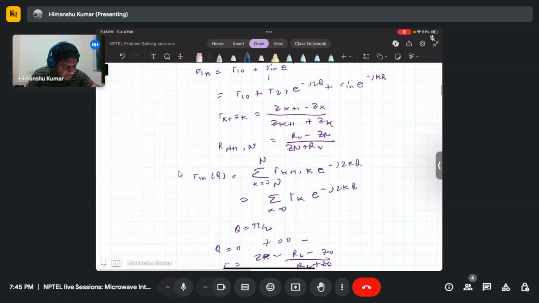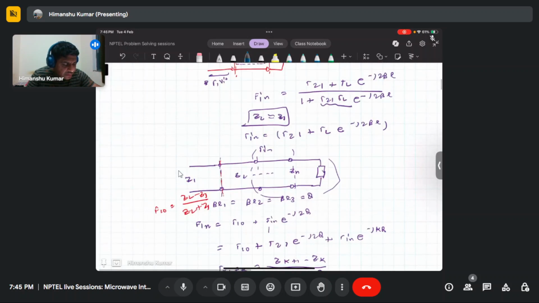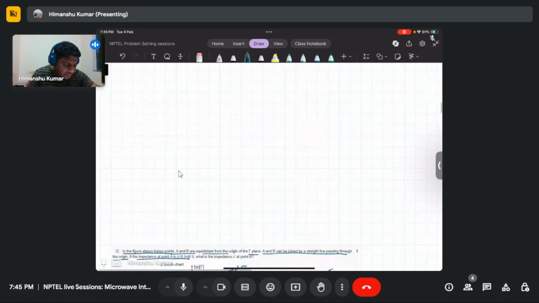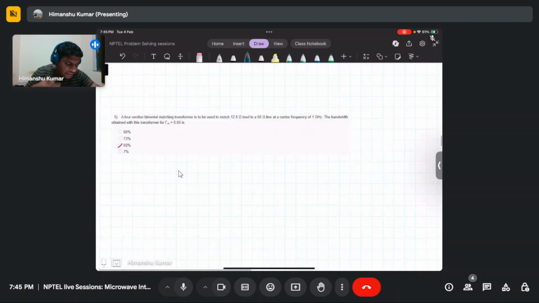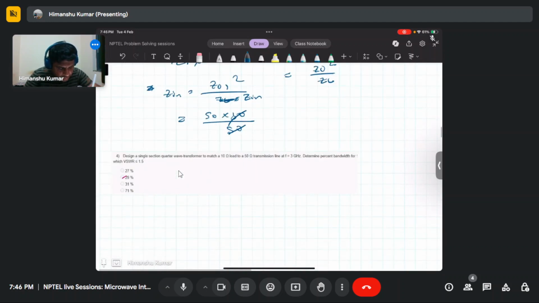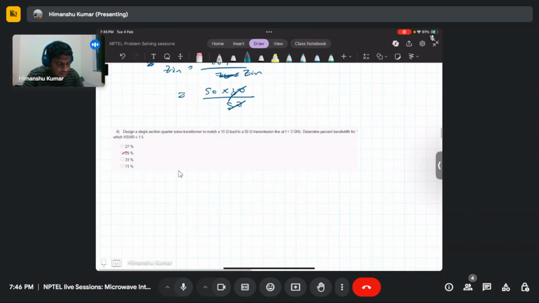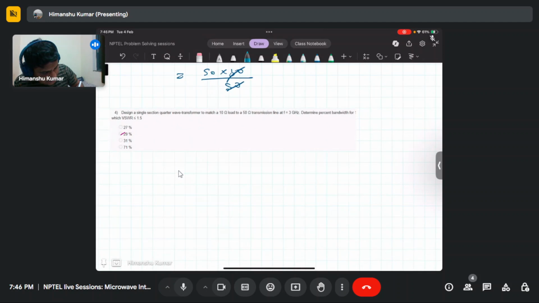Basically, in this problem we need to design a single section transmission line, a single quarter wave transformer, to match a 10 ohm load to a 50 ohm transmission line at 3 gigahertz.